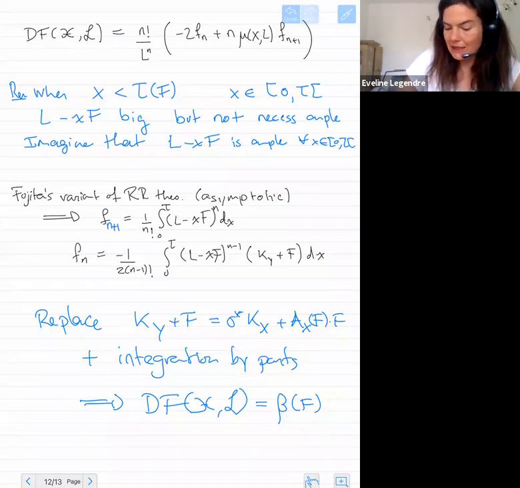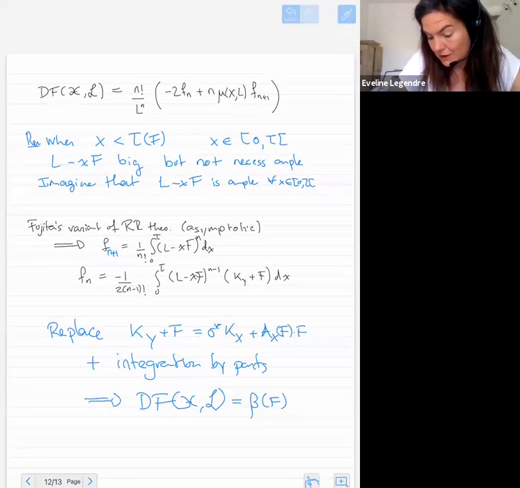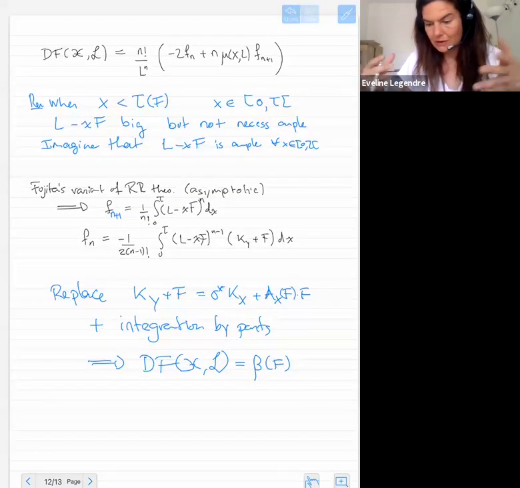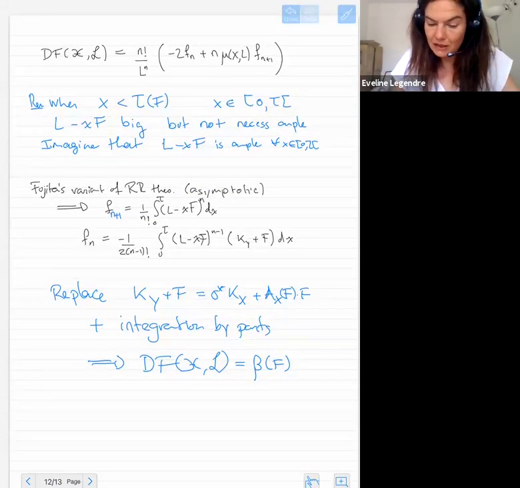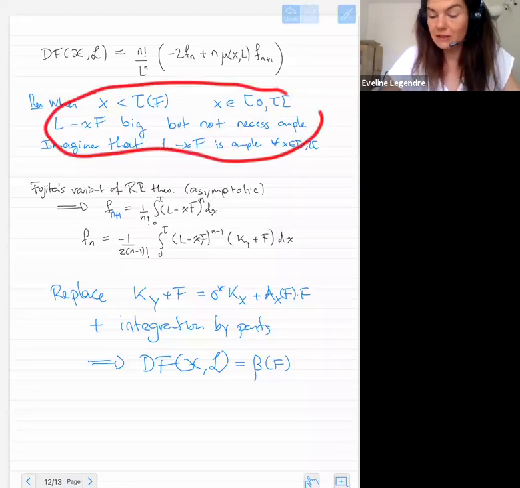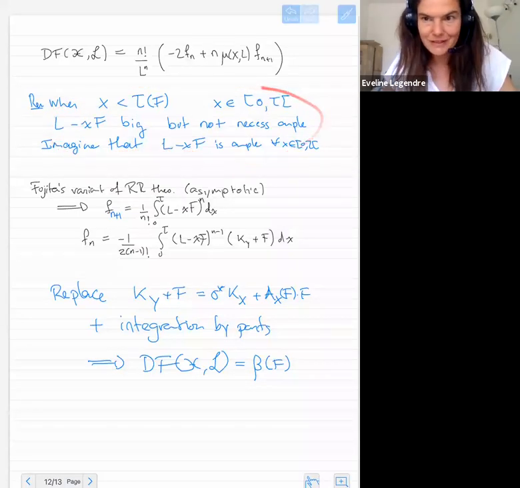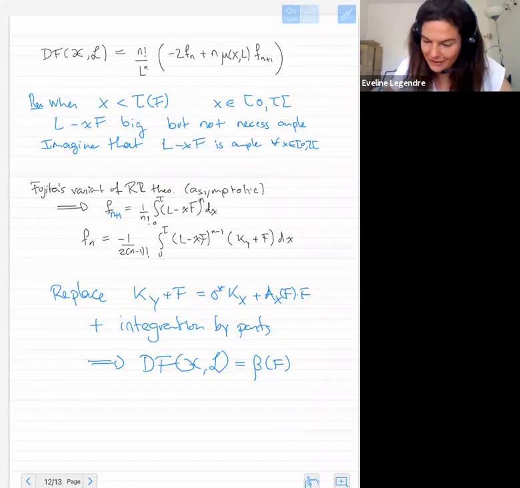Now there is another thing which makes it a bit more difficult: actually, this is not true. This is never true, essentially never true, that L minus xF is ample.